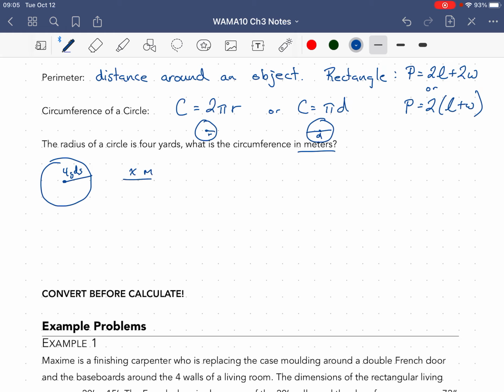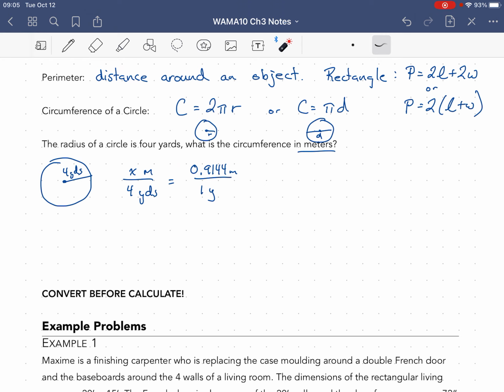So I ask myself, how many meters are there in 4 yards? If I go to my conversion sheet, there are 0.9144 meters in 1 yard, well, I do my cross multiplying, this times this divided by this.